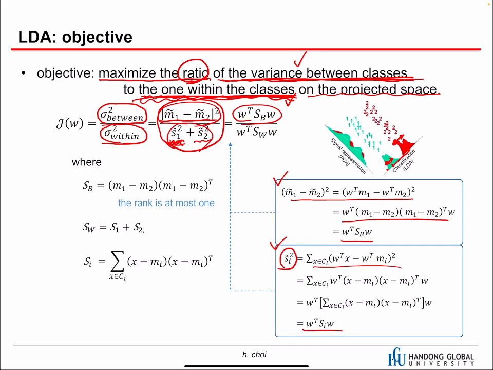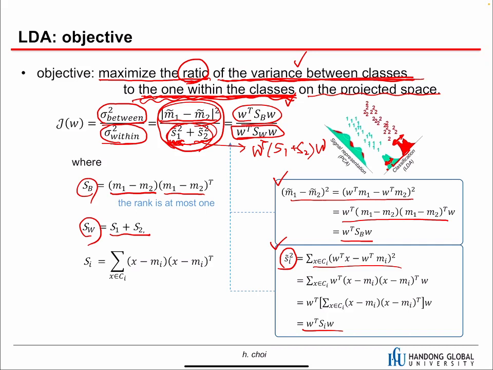So we can rewrite this term with S1 plus S2 W. And since SW is actually S1 plus S2, we can rewrite this term like this. And then SB is M1 minus M2 times M1 minus M2 transpose.